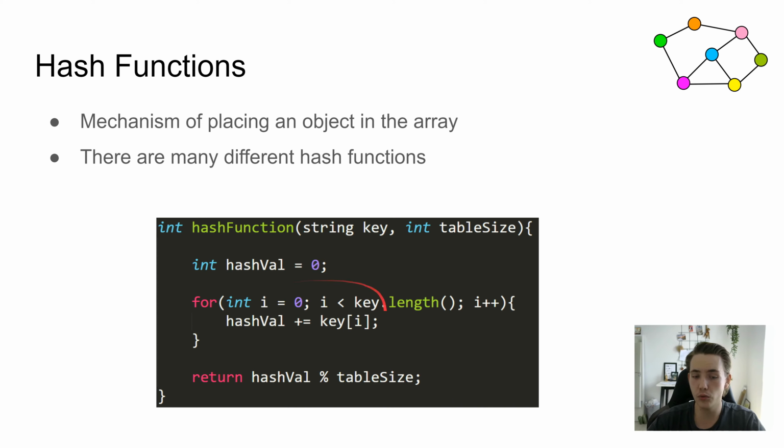We go through the whole key we entered in our function, and we add the key value from each element of the string key to the hash value. Then we take the hash value modulo the table size, and we return the remainder of that calculation, which will be our index to the object in the array from our hash function.